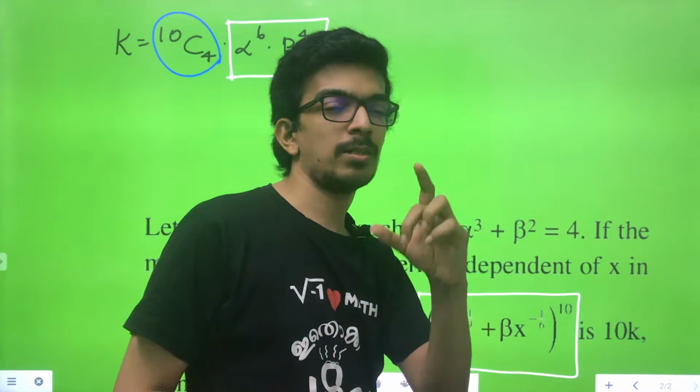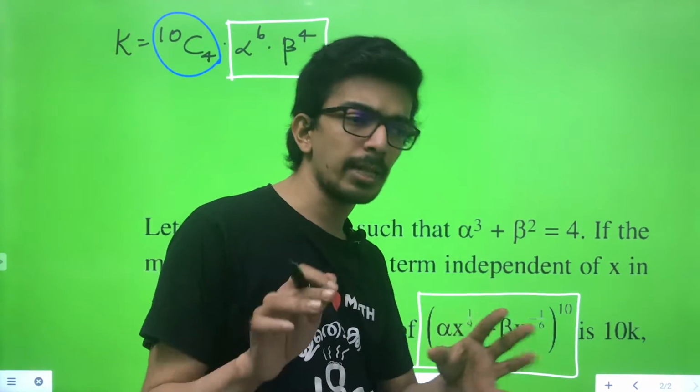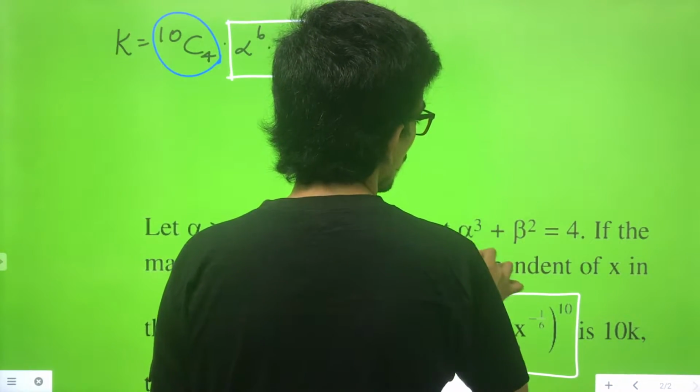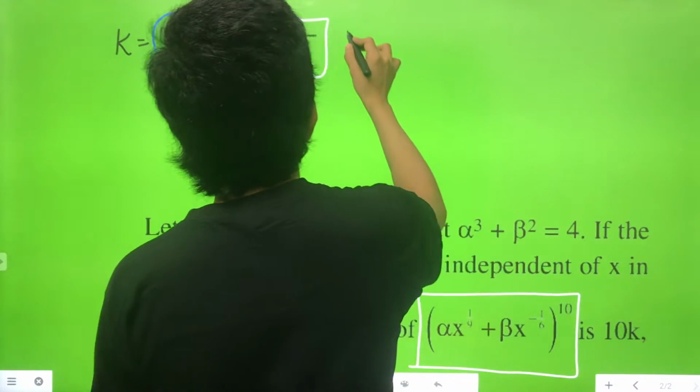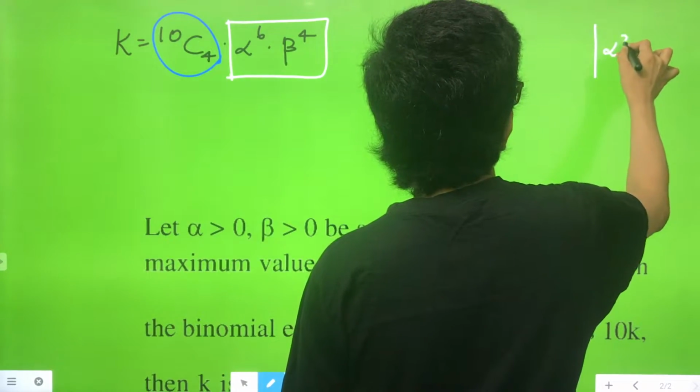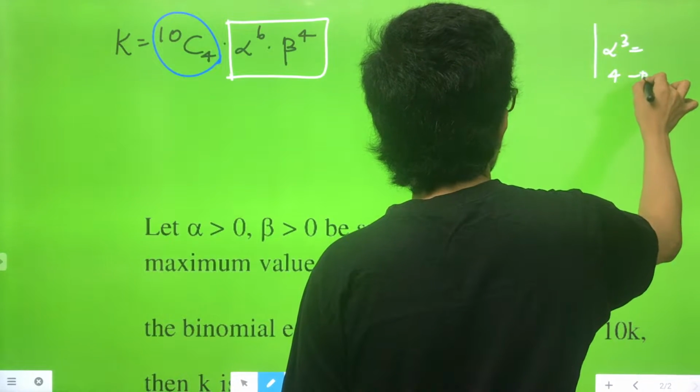The first method is straightforward. You apply calculus. How will you apply calculus? You know that alpha cube is 4 minus beta square. So alpha cube can be replaced by 4 minus beta square.